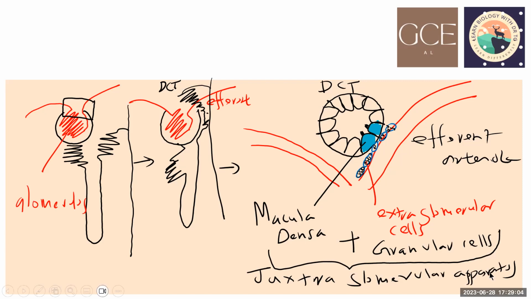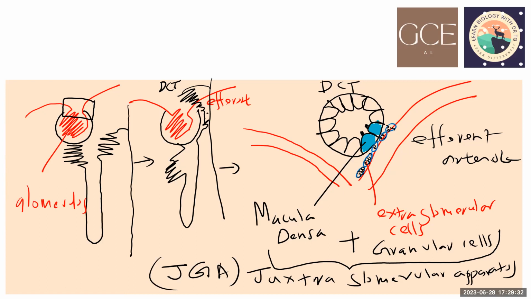Juxtaglomerular apparatus. What is the juxtaglomerular apparatus? It is a collection of macula densa cells and granular cells. So we can abbreviate it as JGA. I hope this is clear for you. We are interested in the juxtaglomerular apparatus.